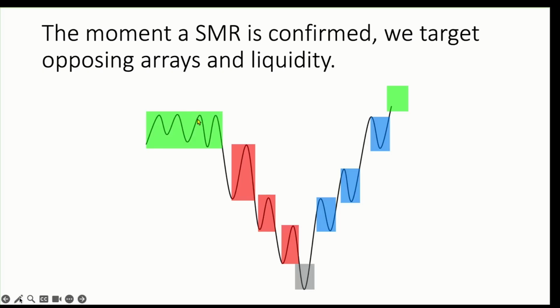As a beginner, as someone who is new or who has just started to learn about market maker models, what you can do is draw a range with your Fibonacci tool from this high right here, the high of the original consolidation, to the low of the smart money reversal, measure where 50% is at, where the range midpoint is at, and try to target that.